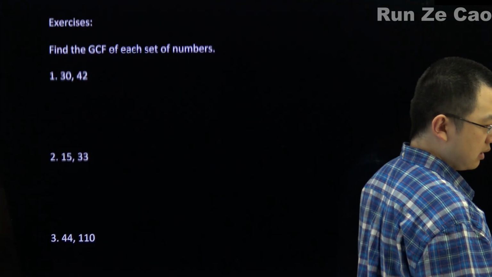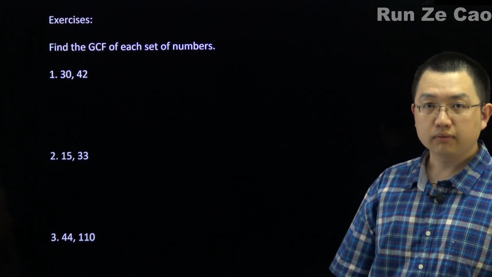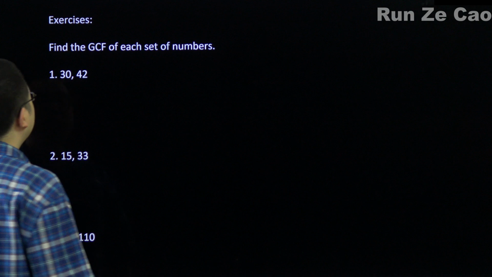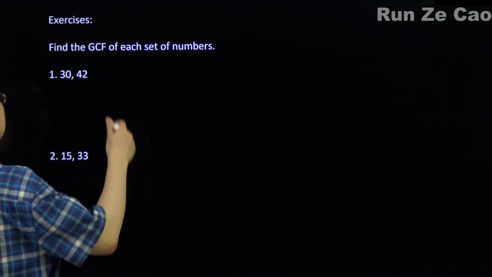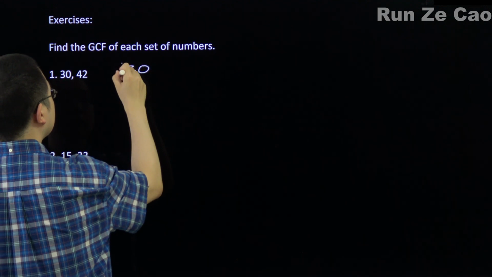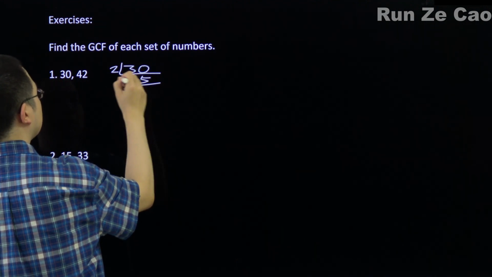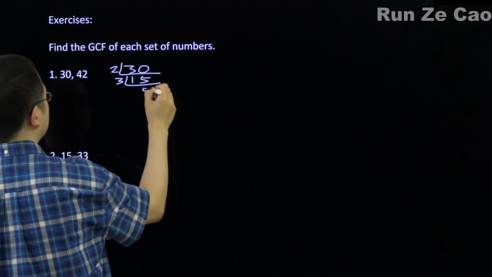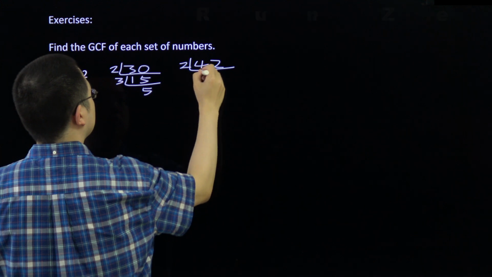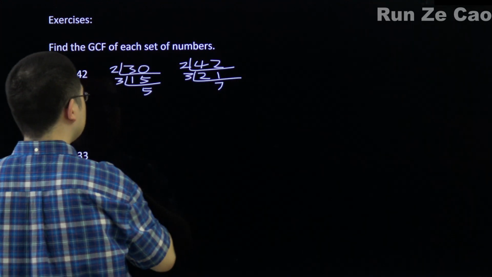Exercises. Find the greatest common factor of each set of numbers. 30 and 42. Well, 30 divided by 2, 15 divided by 3 is 5. 42 divided by 2 is 21. Divided by 3 is 7.